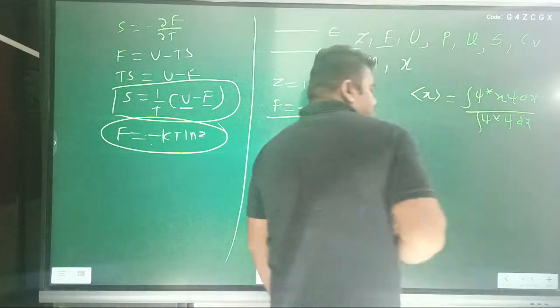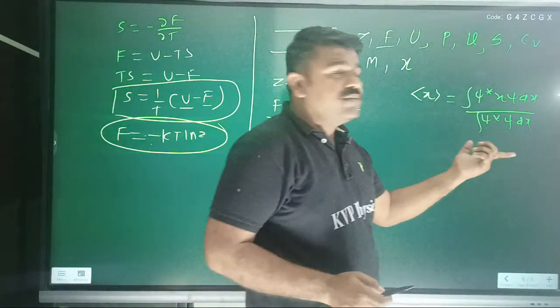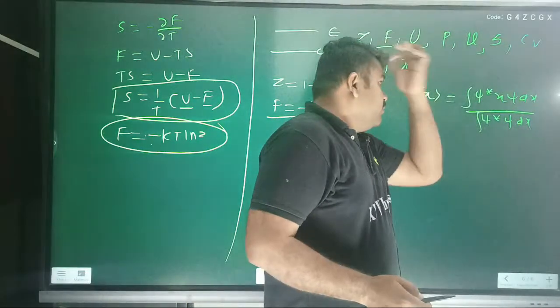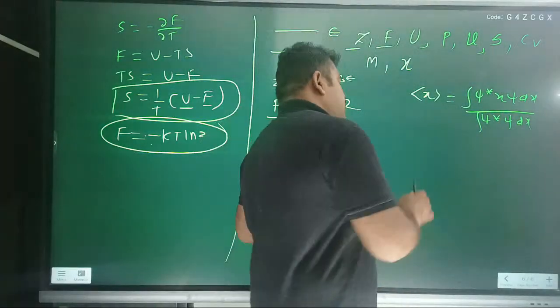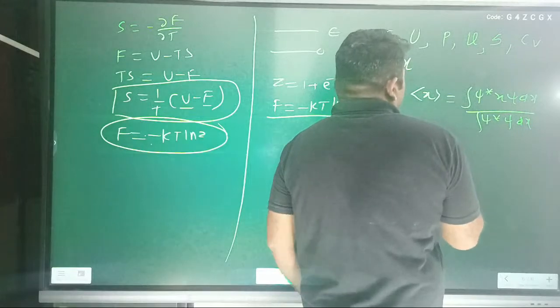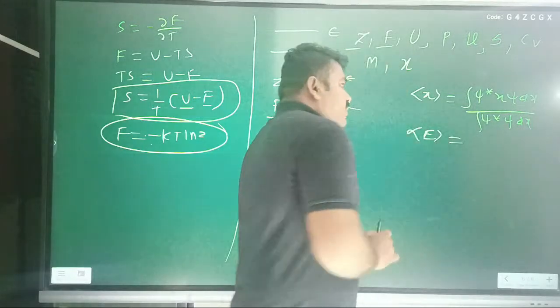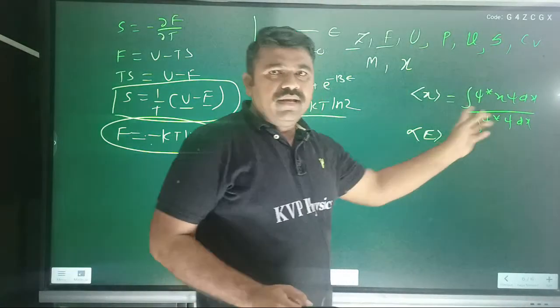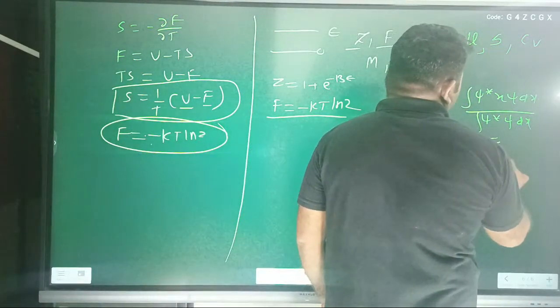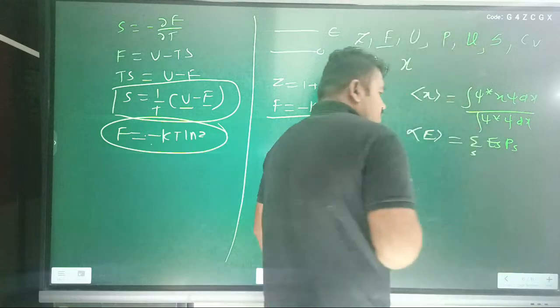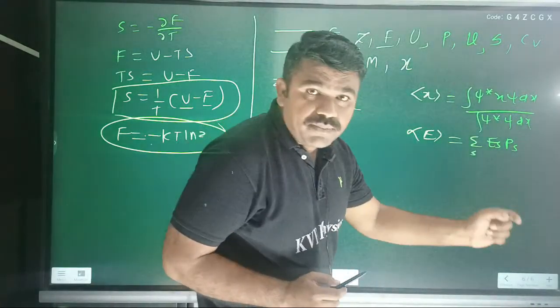Suppose the given function is normalized, then psi star psi dx is simply 1 and we can take psi star x psi. In quantum mechanics we already see that. Suppose we want to find the expectation of E. We can use this method, or directly we can take the summation over s of E_s P_s, where E_s means the energy of this particular energy level.